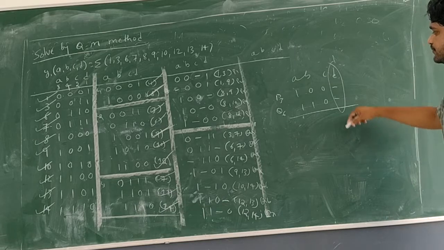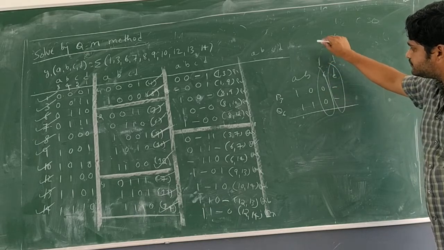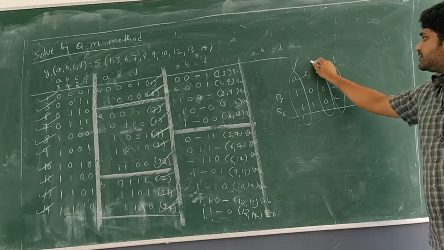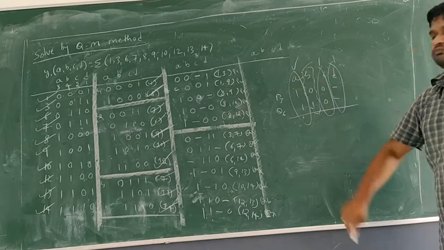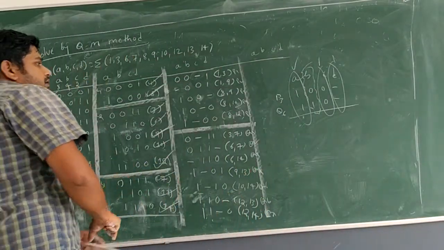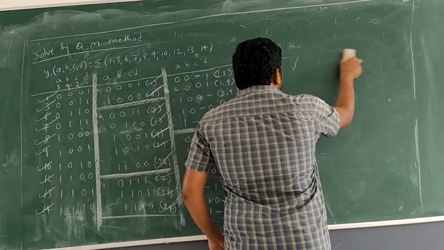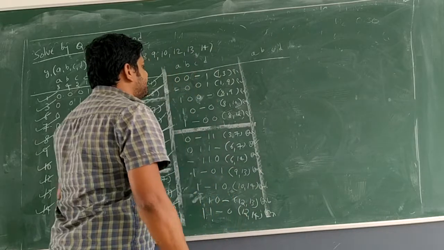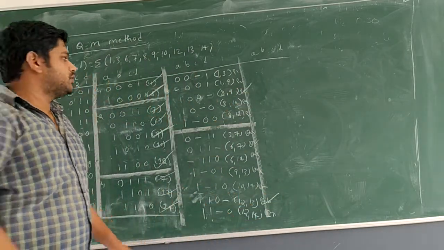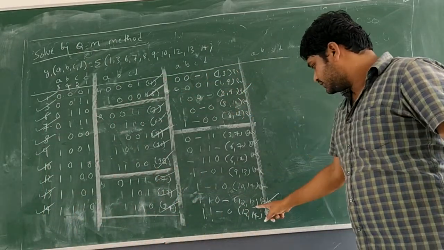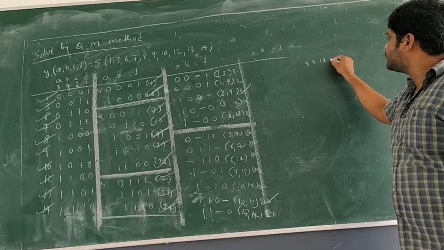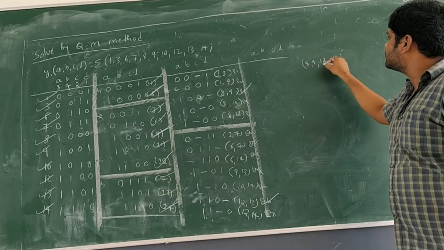So 1, C same, A same, 3 same. What is different? D is different. Okay, so it is acceptable. Now P3 pass mark, Q6 pass mark. Okay, what is that? 8, 9, 12, 13.